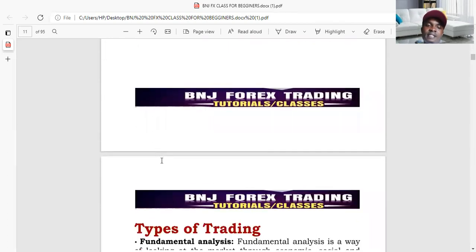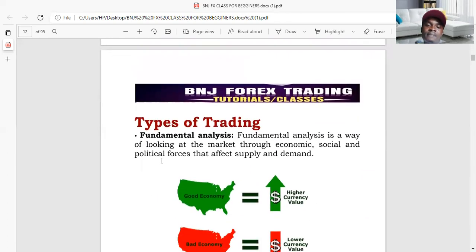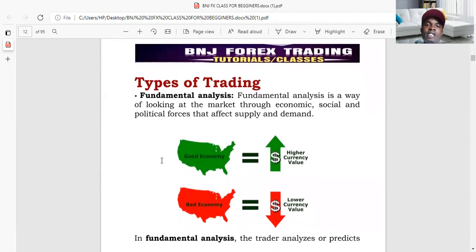Let's see types of trading. We have fundamental analysis. And we say fundamental analysis is a way of looking at the market through economic, social, and political factors that affect supply and demand.